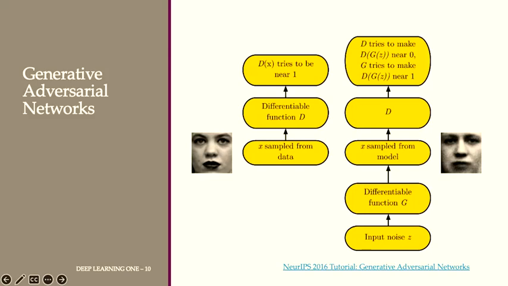For a real image, the discriminator will try to return a value near 1. For the generated image, we first sample this noise, put it through the generator network, and end up at some image. At that point, we go through the same procedure, putting it through the function D, except that now the discriminator tries to detect it being wrong, and the generator tries to fool this discriminator.